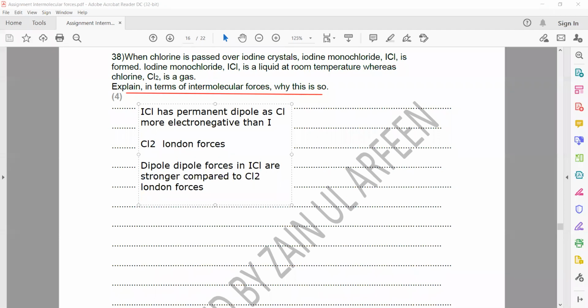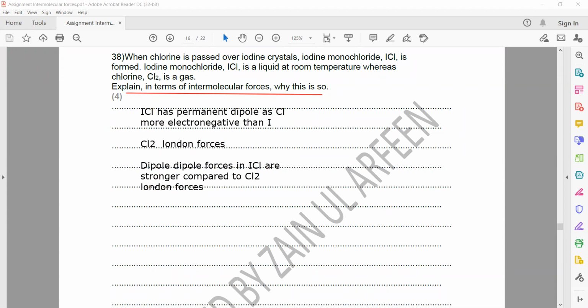So a greater amount of energy is needed to overcome them.